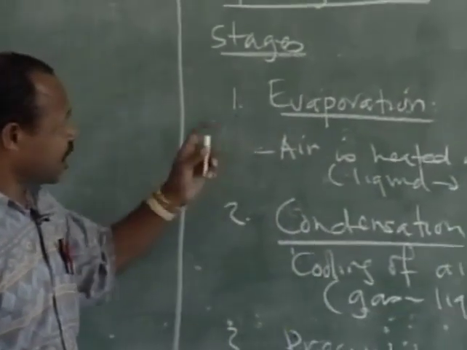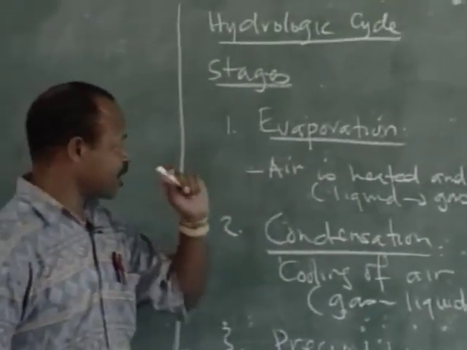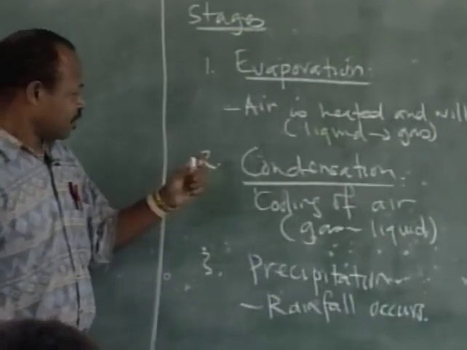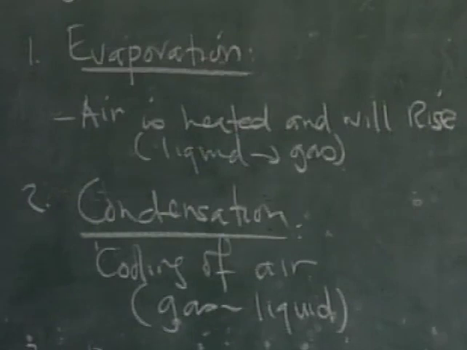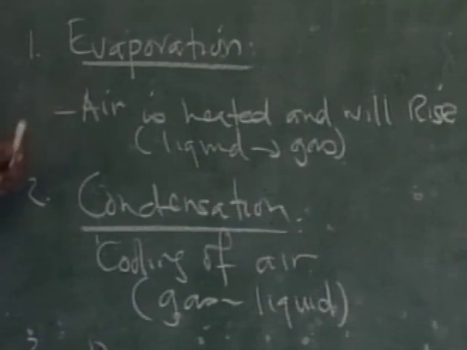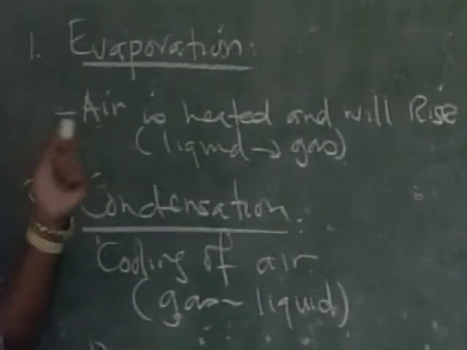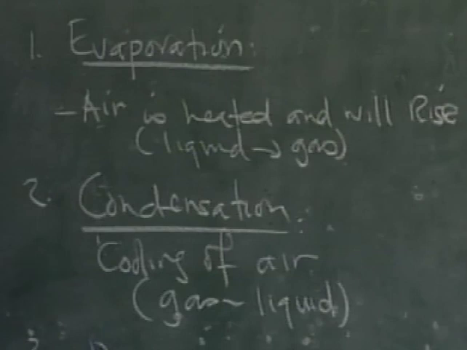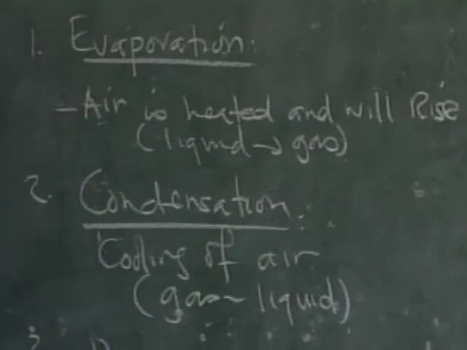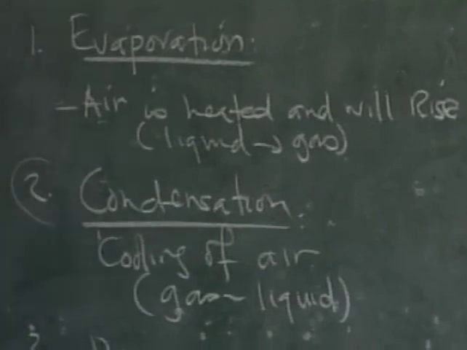Okay, let's look at the hydrological cycle again. With the hydrological cycle, we have stages for rainfall or precipitation to take place. Stage 1 is evaporation. Air must always rise. When air rises, the air must also be cooled, so condensation is the second stage.